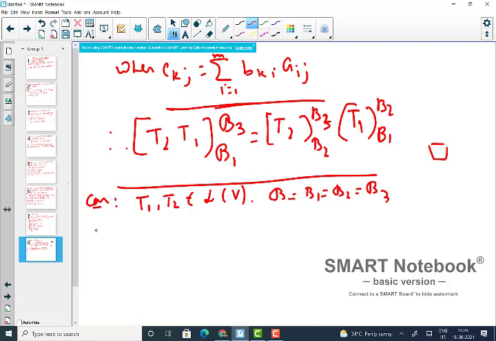And with the same basis, the matrix representation will be written by only one basis, and that will be nothing but the product of individual matrices. So the matrix representation of the composition of two linear operators is nothing but the product of the matrix representations of the individual linear operators.